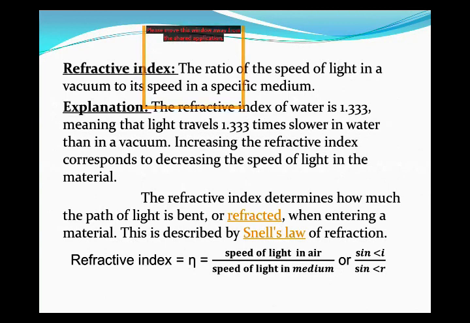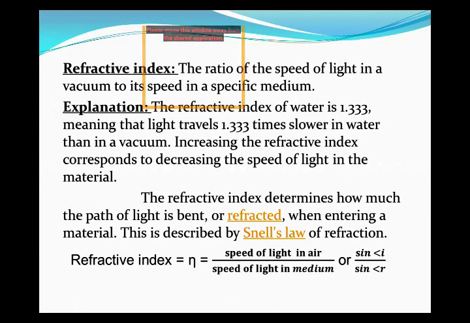That's why the refractive index determines how much the path of light is bent, or refracted, when entering a material. It is described by the physicist Snell's law of refraction.